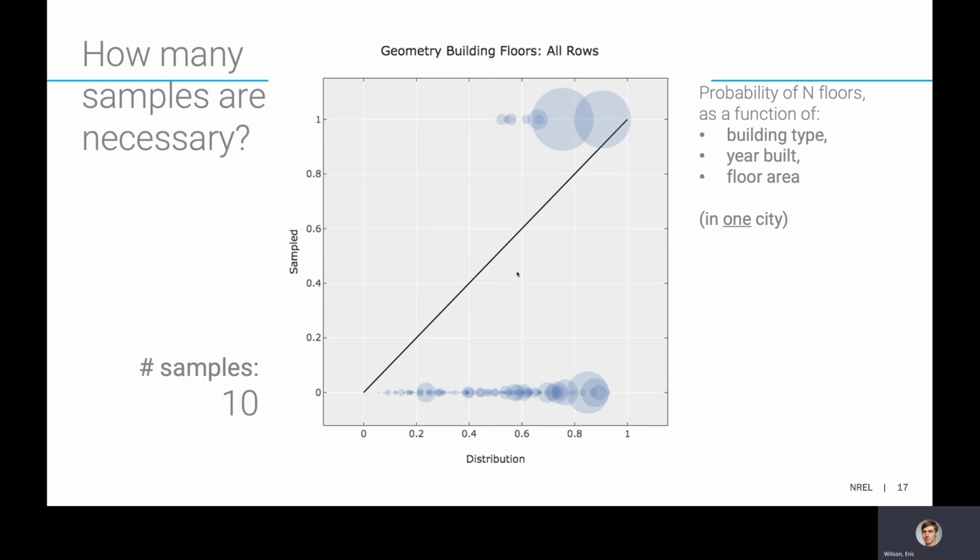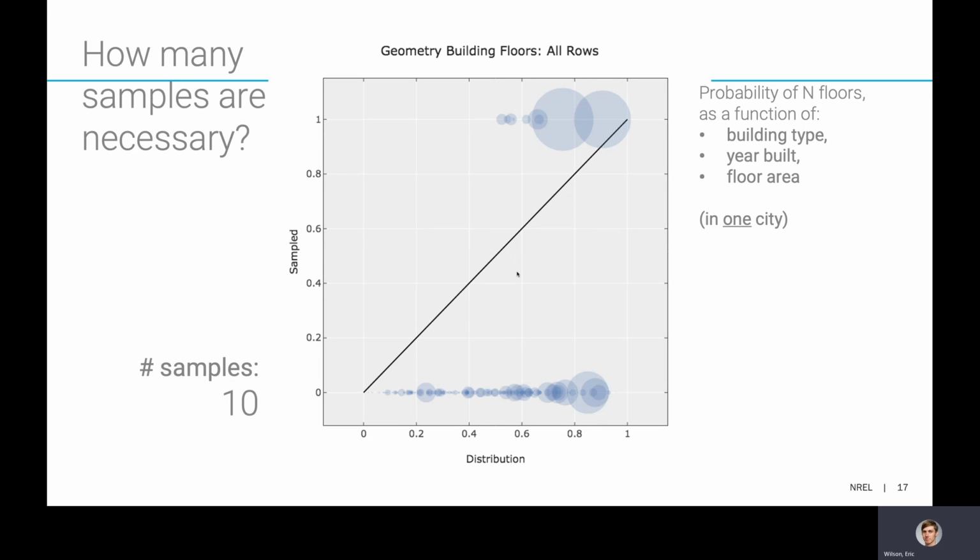And we've done some work looking at if you have a probability distribution for an input, say the number of floors in a building, and that's defined as a function of building type, the year in which the building was built, and the floor area. You can see how the number of samples necessary to have the distribution of this characteristic in your samples match the input probability distribution that you fed into your sampling algorithm.